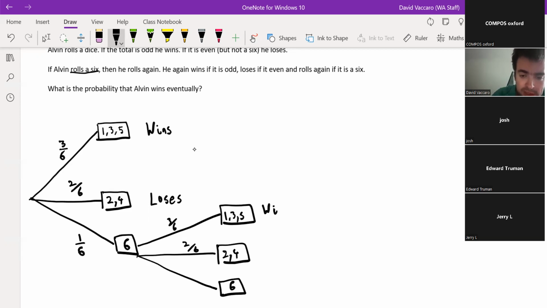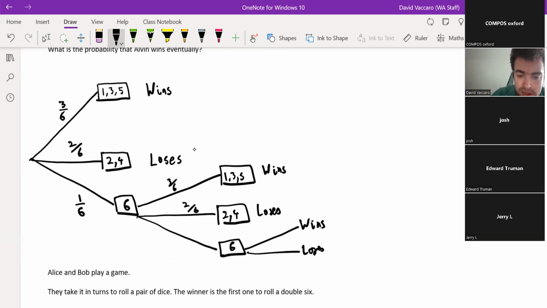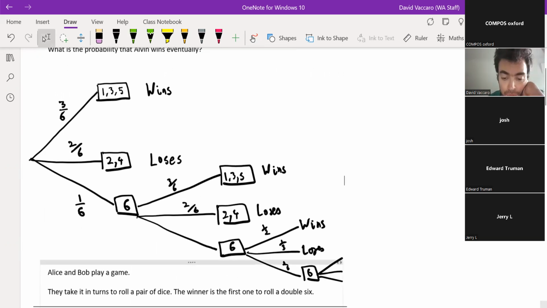So we've got wins, loses, and then I'm running out of space. Wins, loses, 6. And that's probability 1/2, 1/3, 1/6. And obviously this goes potentially on forever. What do I need to do now to find the total probability that Alvin is going to win the game?